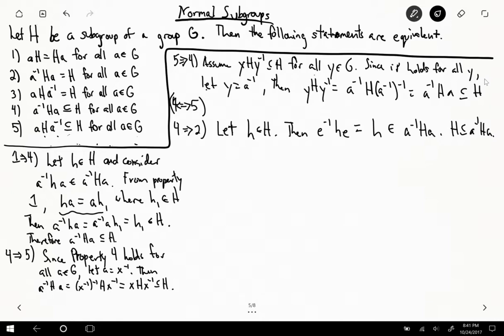Okay. So now moving forward, let's see, how can we do the other one? Well, let's do 2 implies 3.